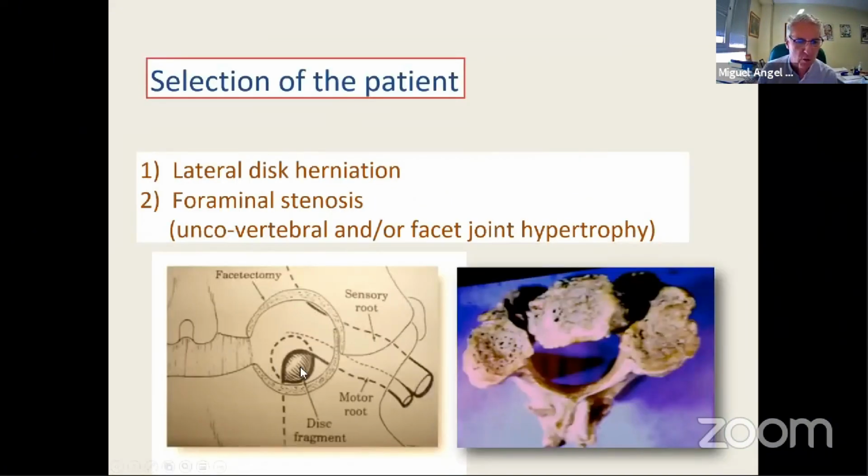And these are the two possibilities: the so-called soft disc, which is a pure herniation, or the phenomenon of foraminal stenosis due to uncovertebral and or facet joint hypertrophy, in any way just producing compression of the root.